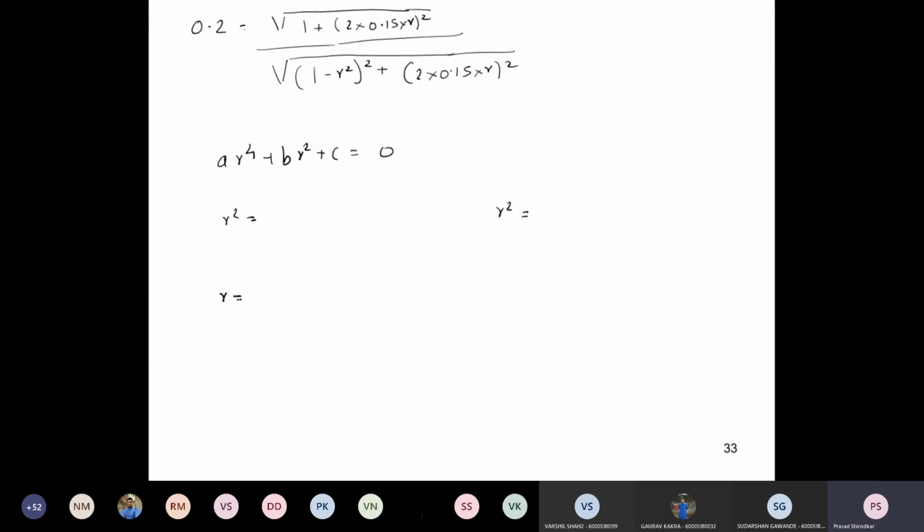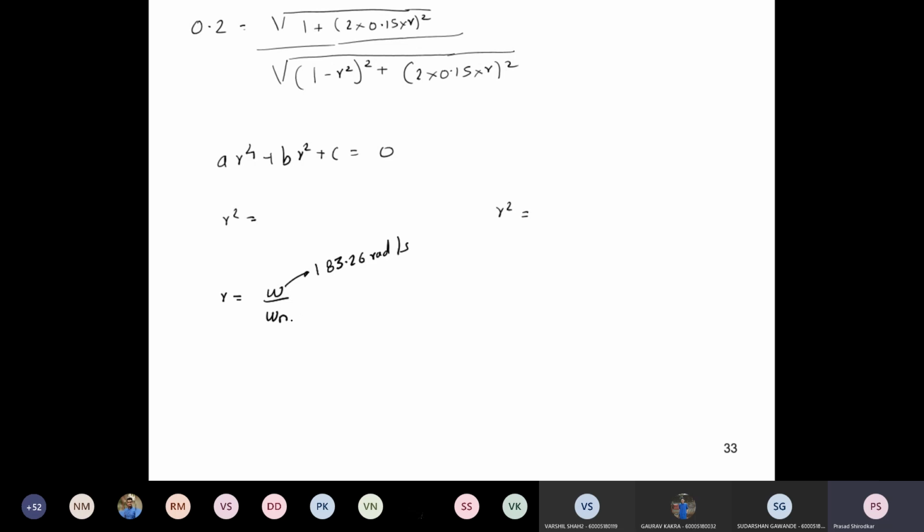So r is equal to, you will get something after you take the root, and r is nothing but omega by omega n. Omega is the forcing frequency, that is 1750 rpm converted into radians per second, which is 183.26 radians per second.